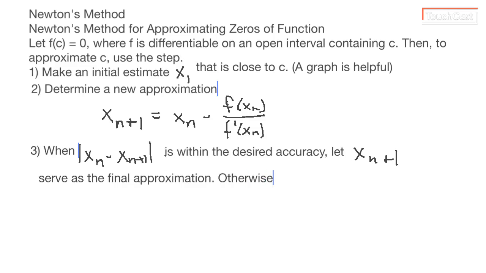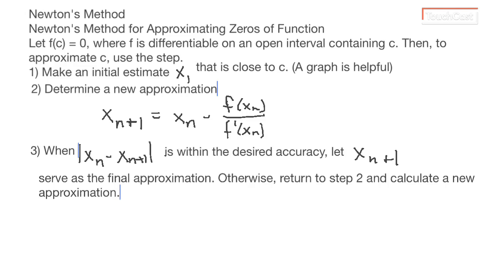Otherwise, we return to step 2 and calculate a new approximation. And we repeat that step until we get an approximation that either is not changing or is within our desired accuracy.